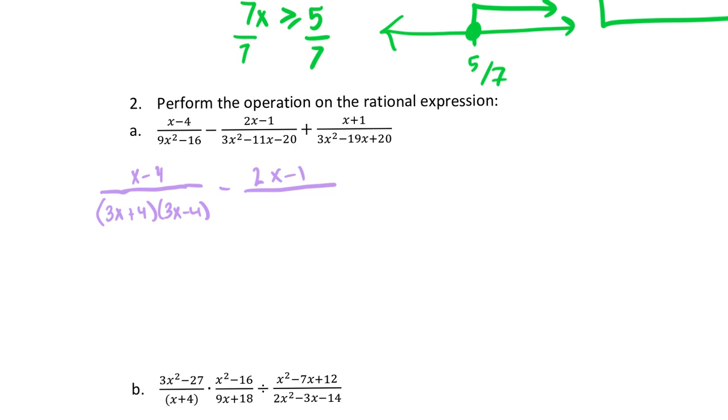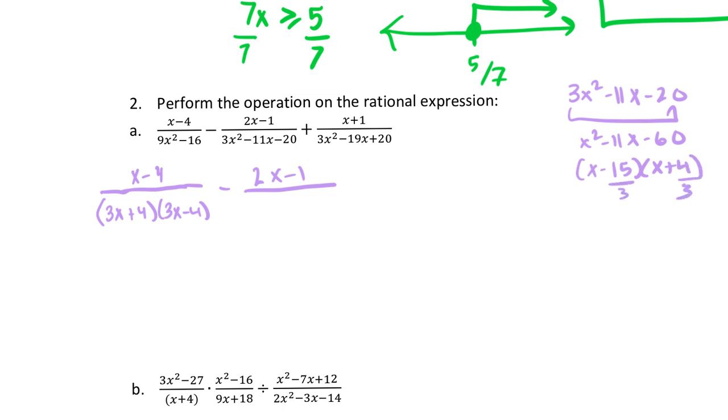So I'm going to take this 3x squared minus 11x minus 20. I'm going to factor this. So let's see, we've got x squared minus 11x minus 60, which gives us x minus 15, x plus 4. Divide both sides by 3, and we've got our factoring. We have x minus 5, 3x plus 4.